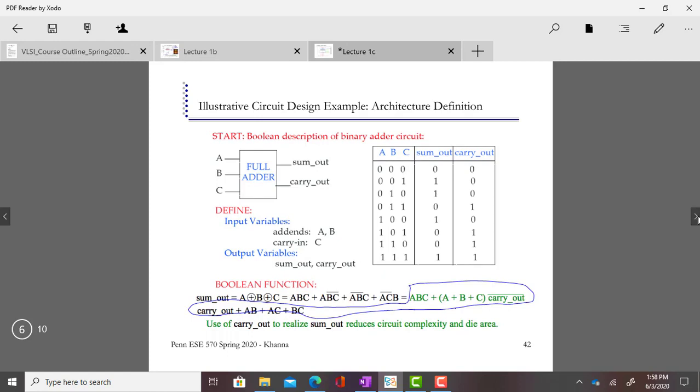This is an optimized equation. Remember that in DLD you used K-map simplification, and K-map gave you a simplified equation.